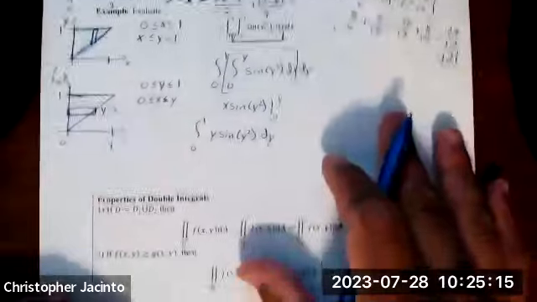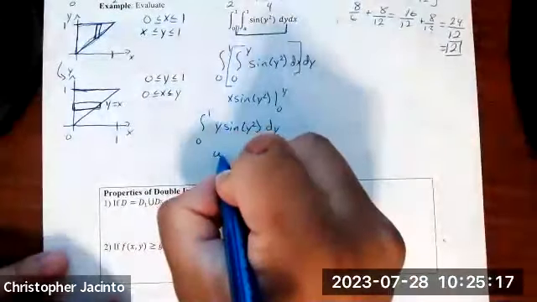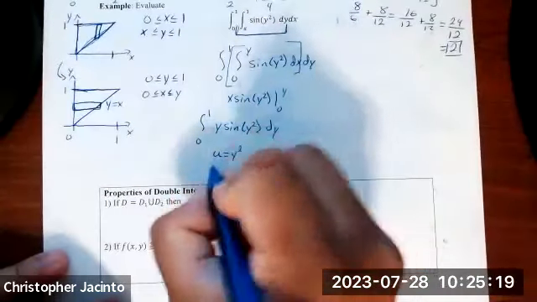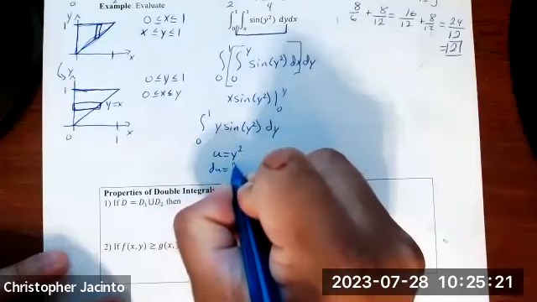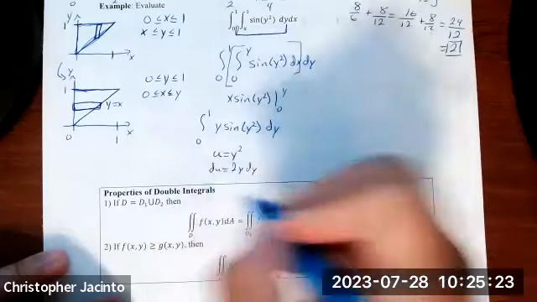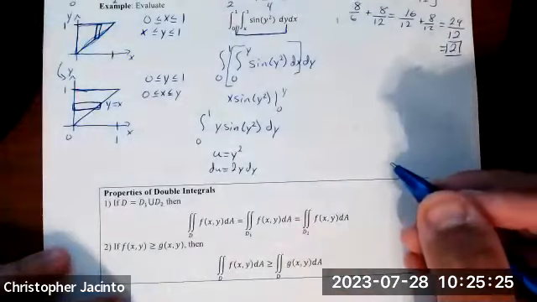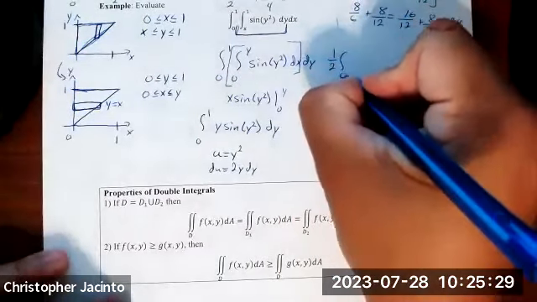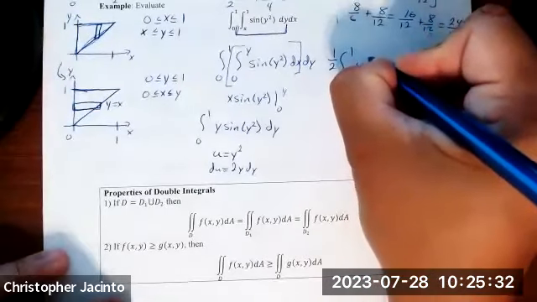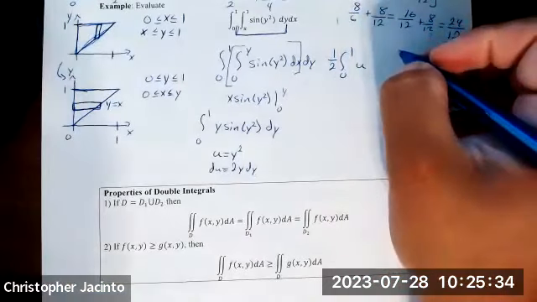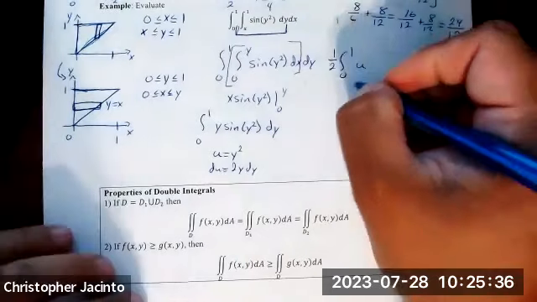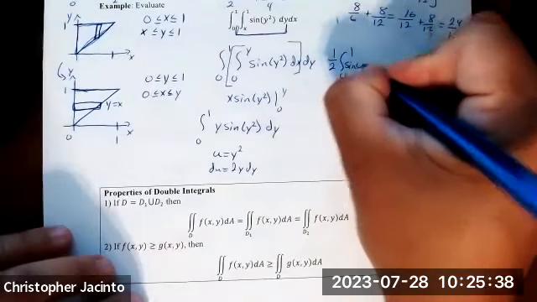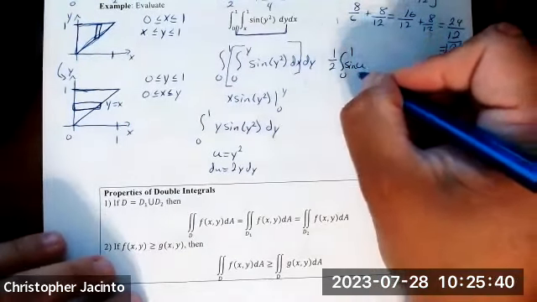All right, so just in case you guys forgot u substitution, we'll let u equal y squared, so therefore du is 2y dy. So we just divide everything by half, and we get the portion we want. So there'll be 1/2 the integral from 0 to 1 of sine of u. And the integral of sine is negative cosine.